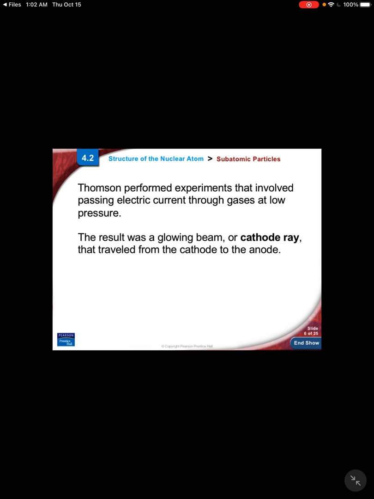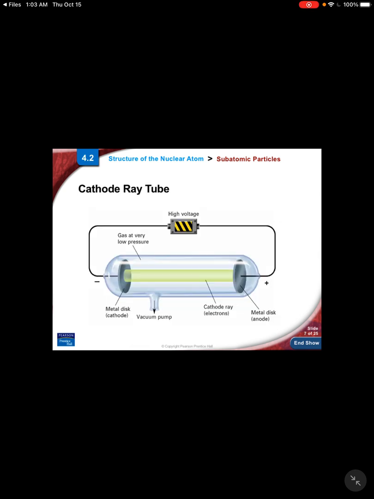These cathode ray tubes are hooked up to a vacuum to remove most of the gas in there, so you're at very, very low pressure. But a high voltage is applied across the tube, and the result is, coming from the cathode, a stream of negatively charged particles headed toward the anode.